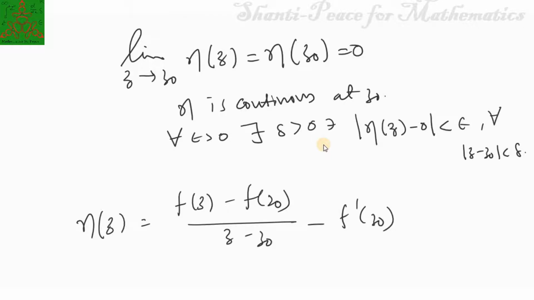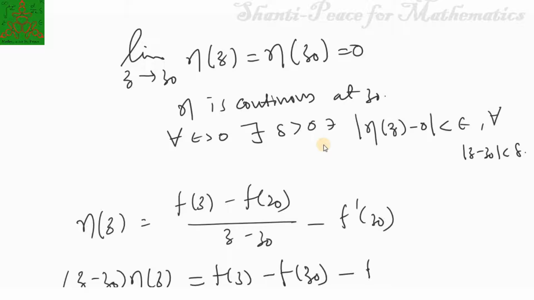If I multiply both sides by z minus z0, then we can write z minus z0 into eta of z equal to f of z minus f of z0 minus f dash of z0 into z minus z0, and this is true for every z with modulus z minus z0 less than delta.